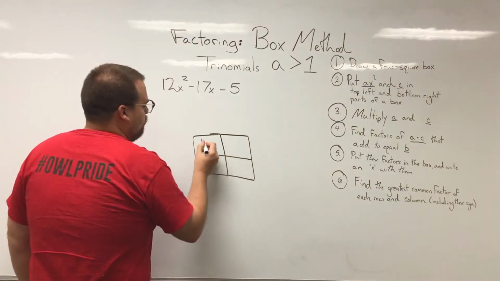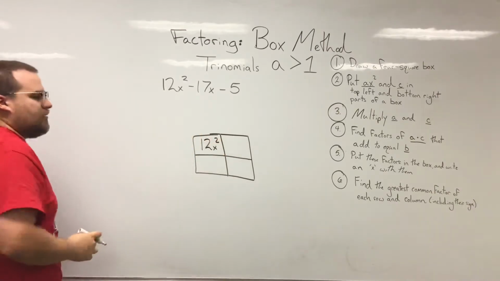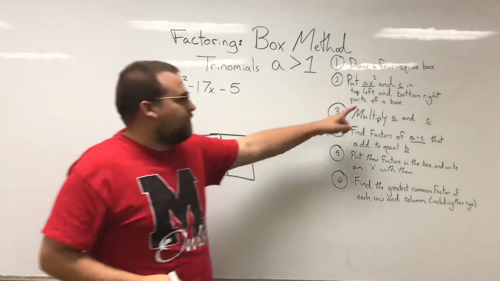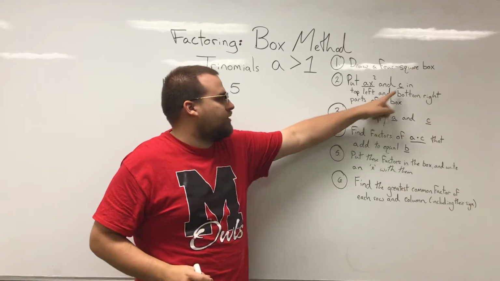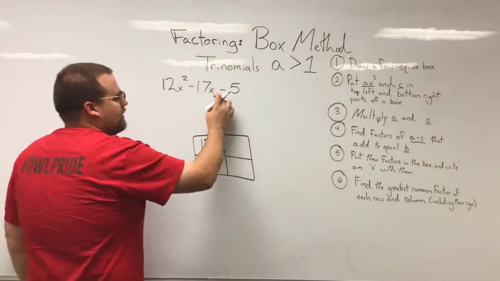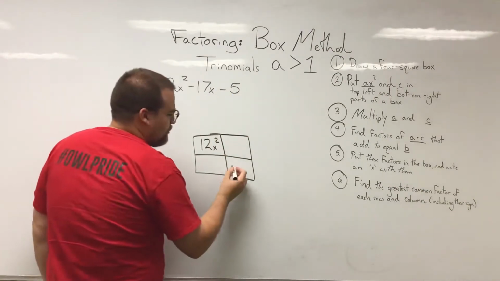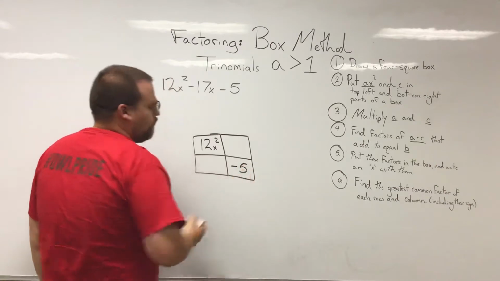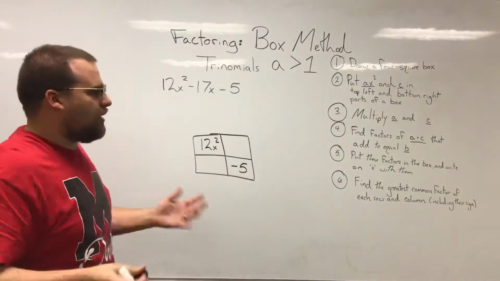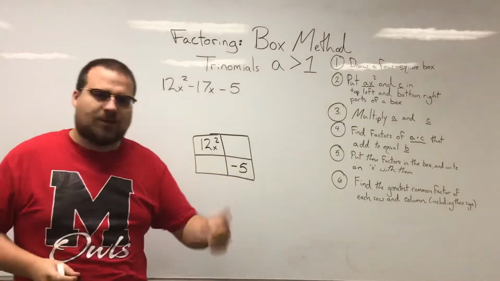But we're going to put 12x squared in this first box. It then says in the bottom right box, put c. So c is our last term here, -5. We got to make sure we keep that sign with it. Okay, so we put ax squared and c in our top left box and our bottom right box.